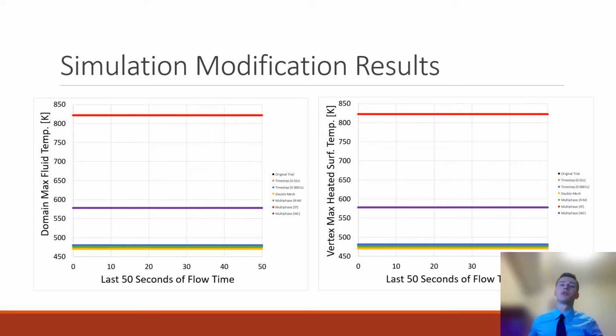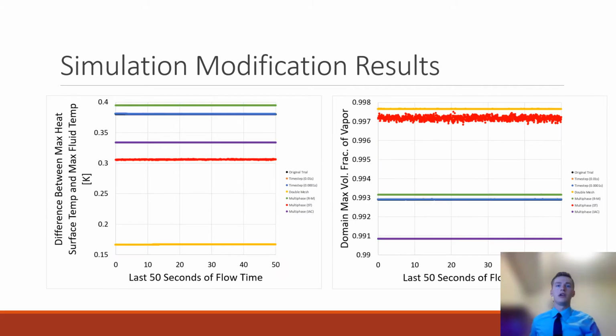So here you can see some of the results from the simulation modification. Each graph has color coordinated between the results of each trial. The graph on the left shows the maximum fluid temperature, and the graph on the right shows the maximum heat surface temperature. Here are some more results from the simulation modification. The graph on the left is the difference between the max heat surface temperature and max fluid temperature.